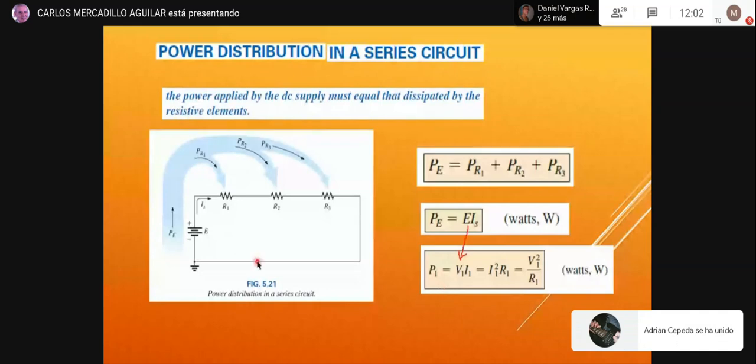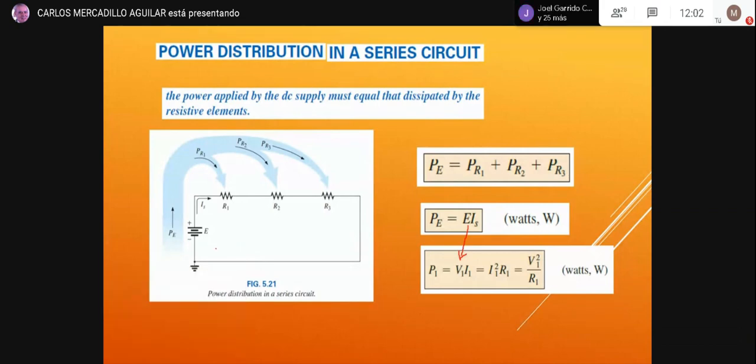But actually, we are going to have only one I. The same current is passing here and passing here, so we don't have to call it I1, I2, or I3. We just call it IS, or simply I, or as in the video says, you can say I total. But it is nonsense to say I total also, because there is only one current. You don't have to totalize anything.